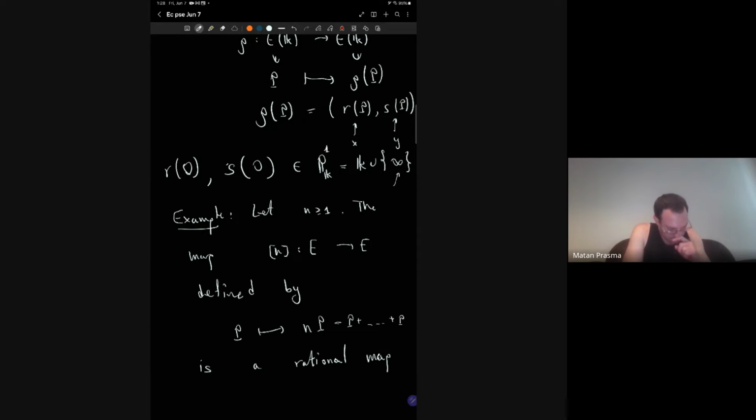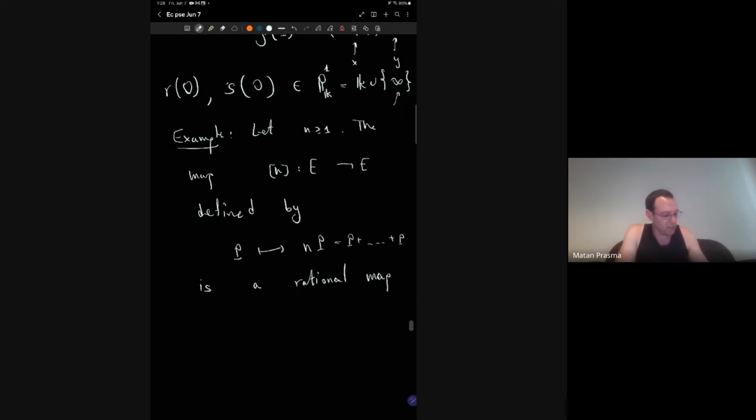And taking a point and adding it to itself n times, you can prove this claim of the example inductively. So what really matters is that I take a point and let's say I add it to itself.